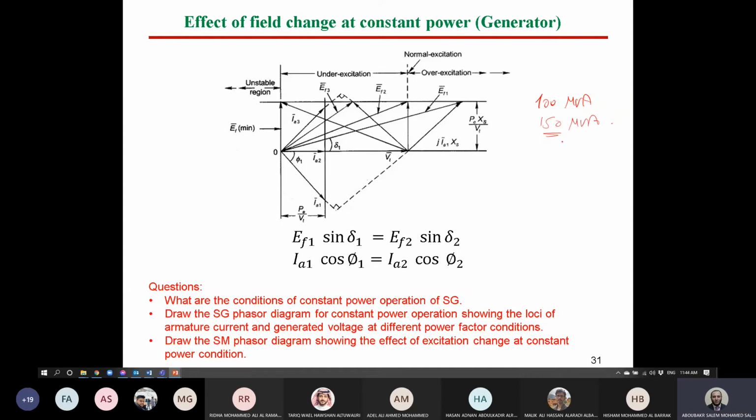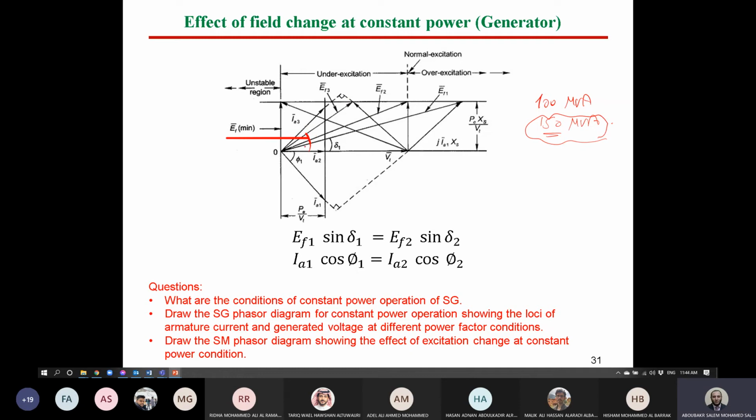For that, we will see together here the effect of increasing or changing excitation at constant power. Constant power here refers to the second value, which is 150, the required value asked by the control center. So let's see here. This is an example, for instance, at the case of IA3. Let's start from 3 to 1 to see the effect of increasing excitation on the power angle. Here, this is EF3, and this angle is delta 3.